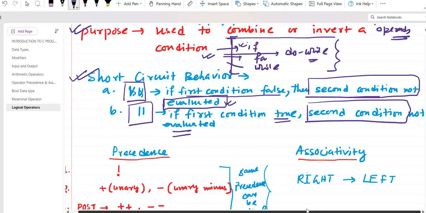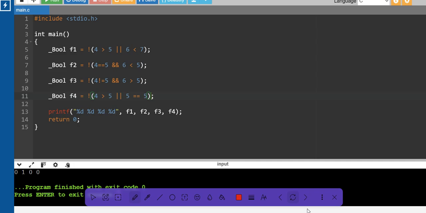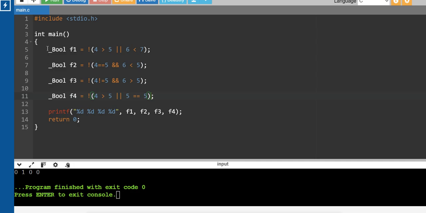Fine. So let us take an example to make you understand this. You'll get this code in the description of the video, so that you can also practice. Let me use some variable to make you understand. If the left-hand side is not true, the right-hand side will not be evaluated.